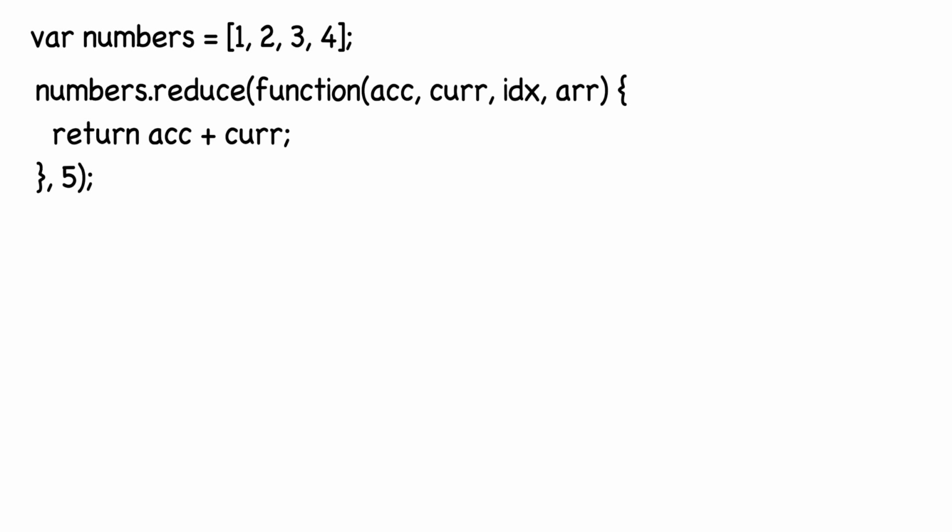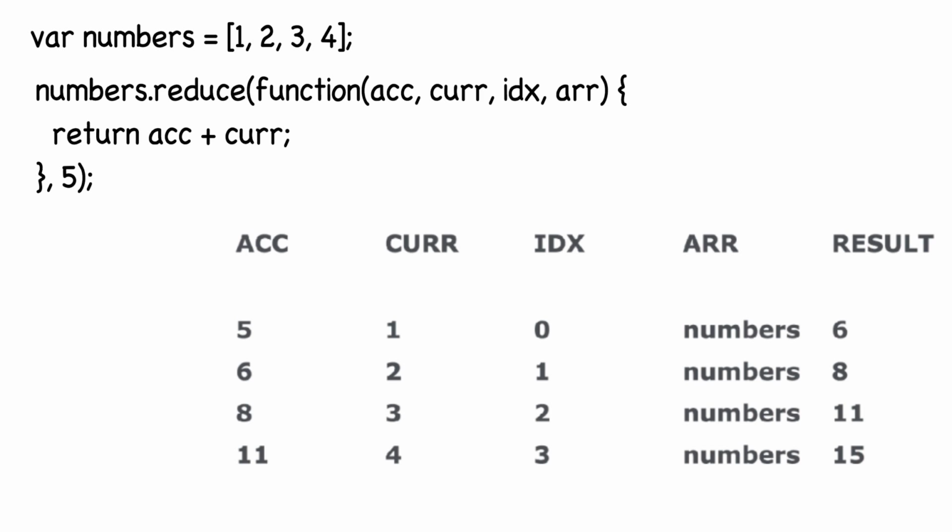Let's create a column for our accumulator, current value, index, and array object, as well as the result to track where we are at. Because we gave our reduce method an optional initial value, that will sit in the accumulator when we get started. Our current value is the number 1 at index 0 of the object array.